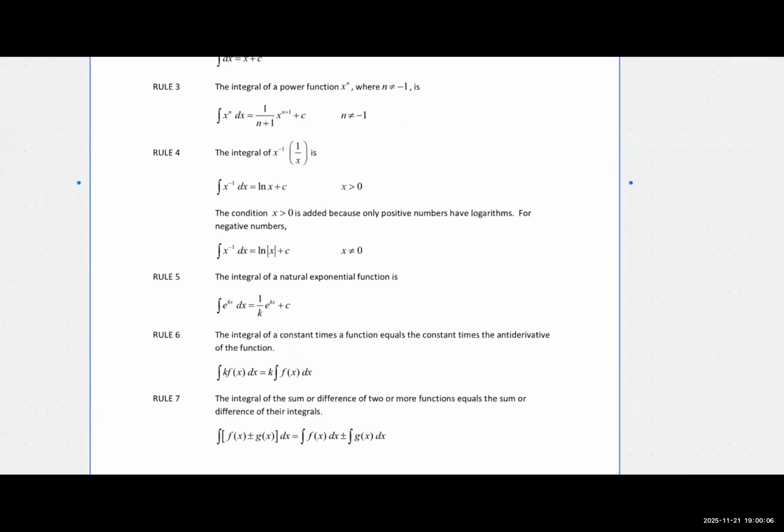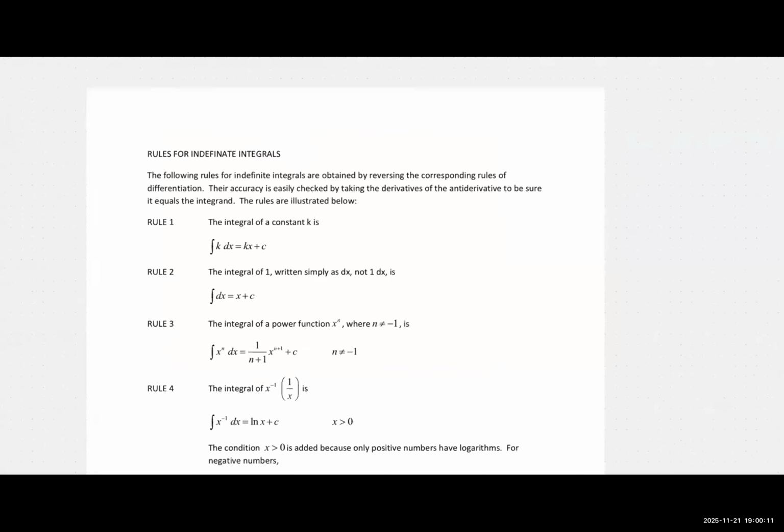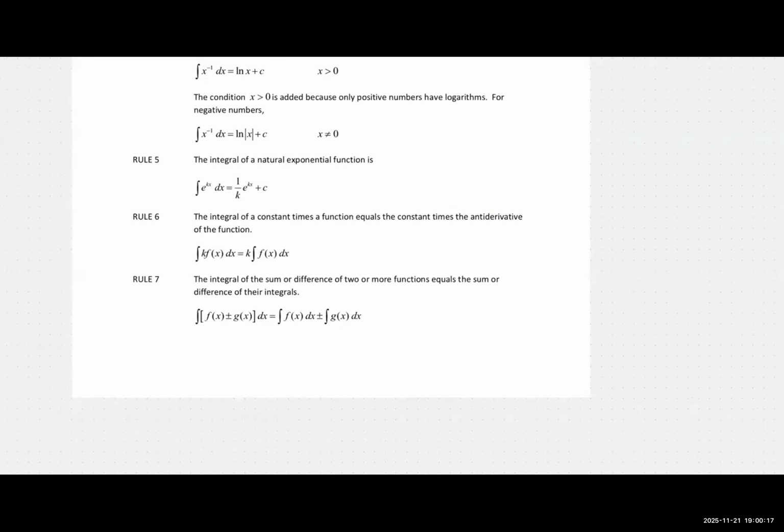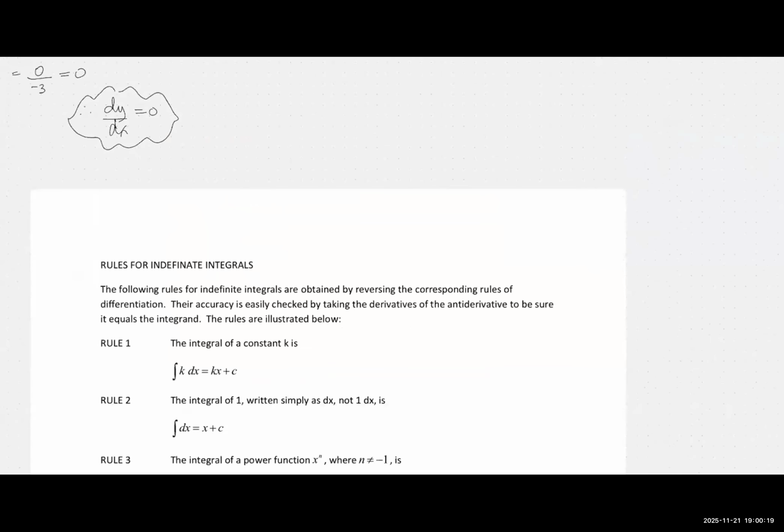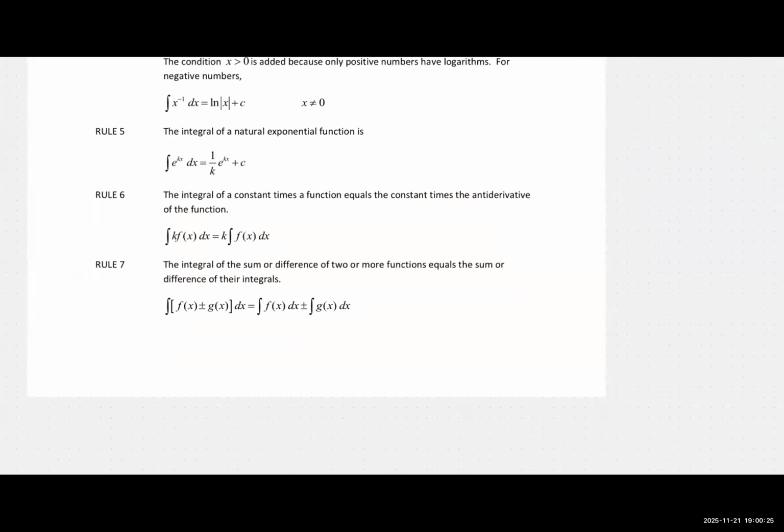Rules for integration, but isn't there an eighth rule? Hold on, let me just see. All right. What am I looking for? Give me half a second, please.